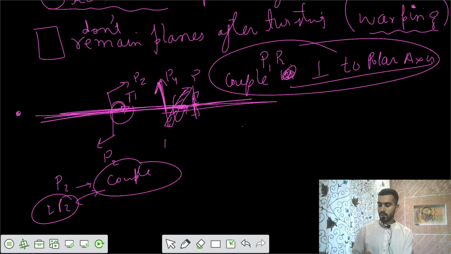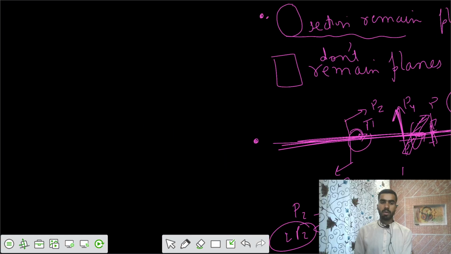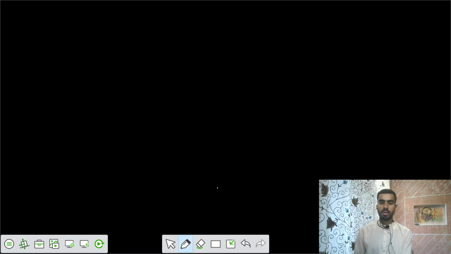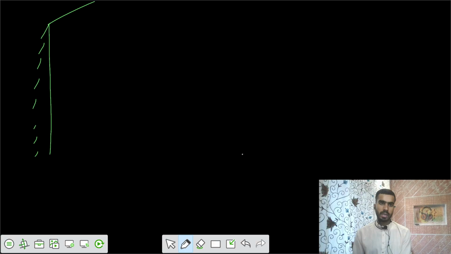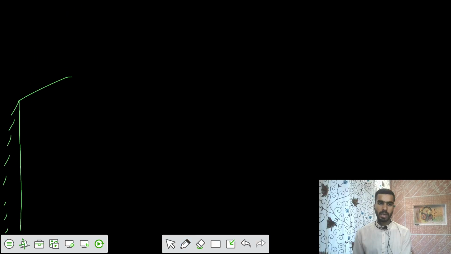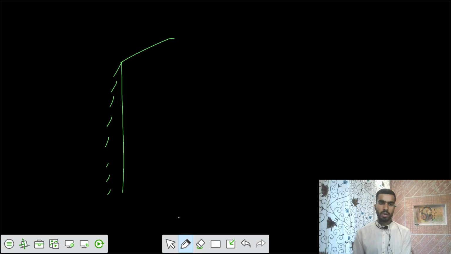After that, let's derive the formula. So you have this section. Let's say this is the plane on which you have this shaft.